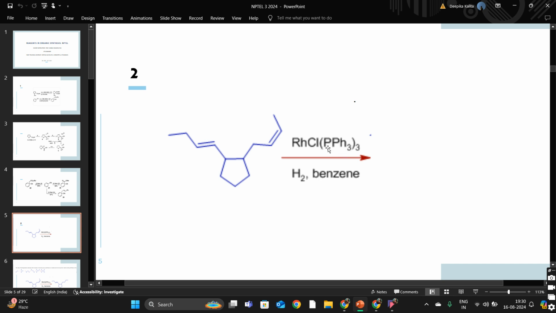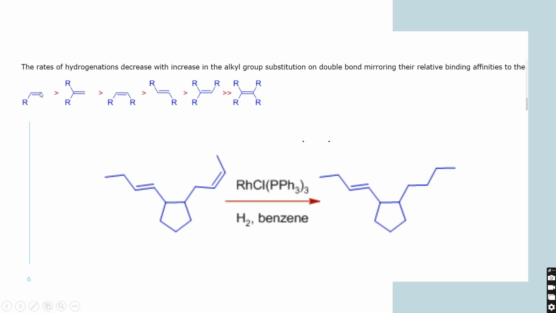One more thing, different types of olefins react at different rates with Wilkinson catalyst. For example, if you see, these are different types of olefins: monosubstituted, disubstituted cis, disubstituted trans, trisubstituted, and tetrasubstituted olefins.